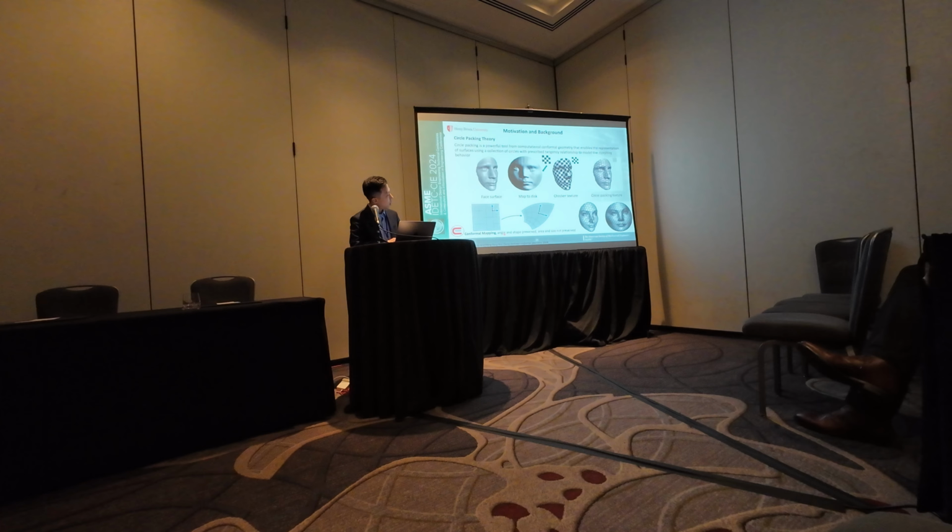Circle packing theory is a powerful tool for computational conformal geometry, which enables representation of a surface using a collection of circles. We can start with a very interesting example. In conformal mapping, the angle and shape are well preserved, but the area and size are not. For example, if we have a human face and map it conformally to the unit disk, the shape is well preserved.